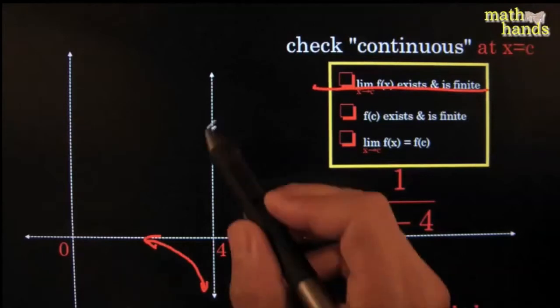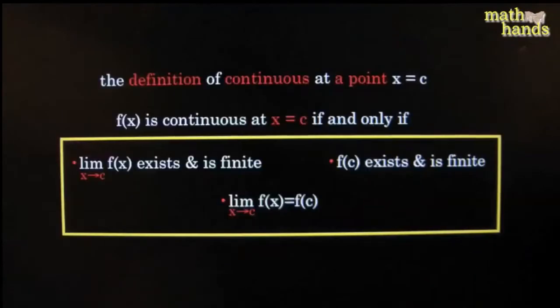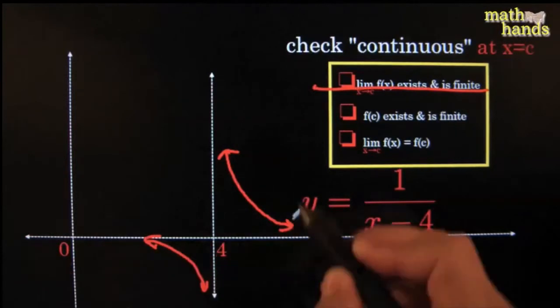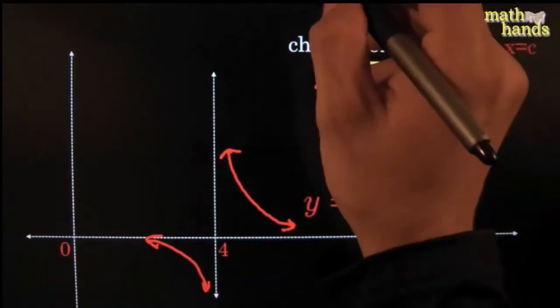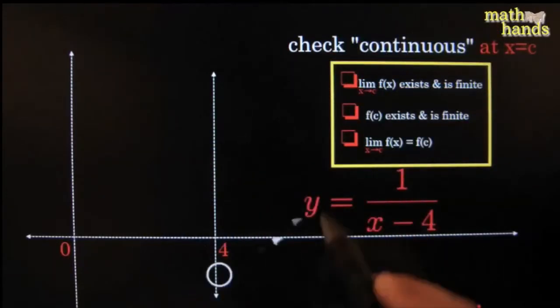Try this one again. Does the limit exist? Well, so you go that way, they match, check. Does f of c exist? Yes, it's defined, check. Do they equal each other? No. Whoops. See how the genius in the definition is that before we had to use language like, oh, you have to lift your pencil and put it over here, and then you have to come back and trace the other one. See, that language is not that tight.